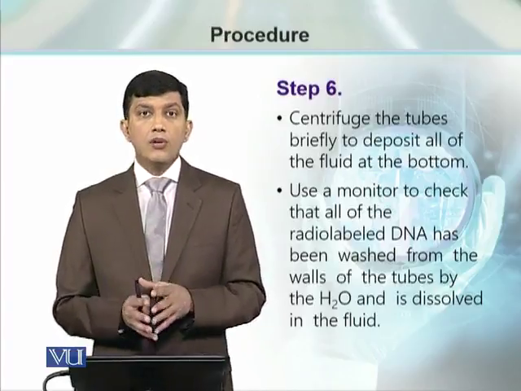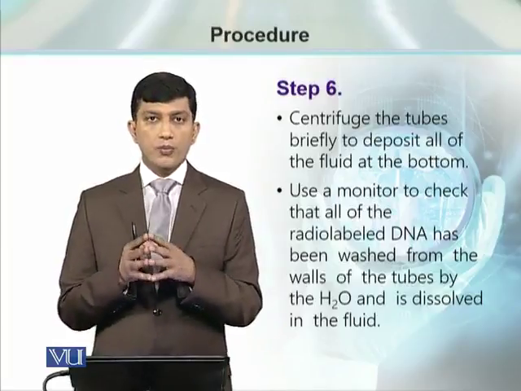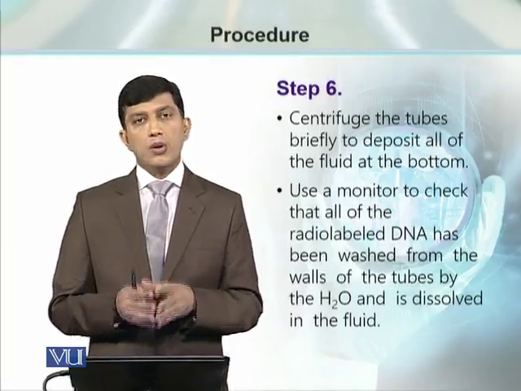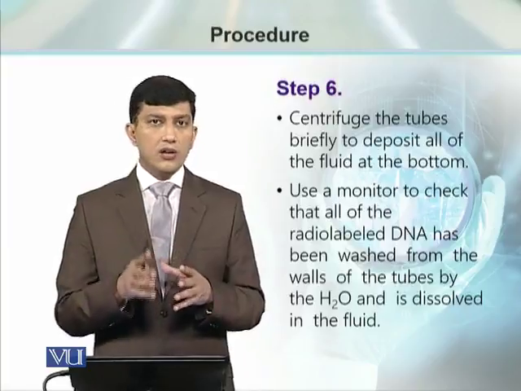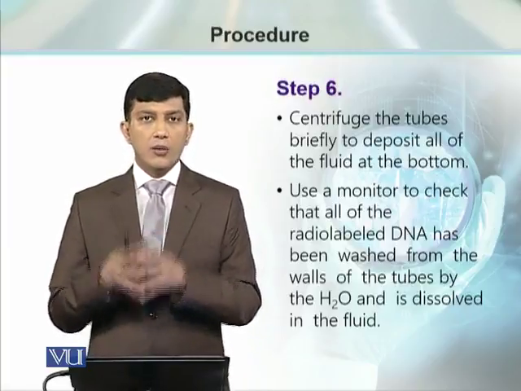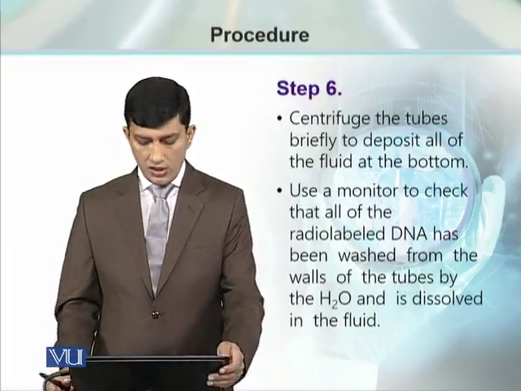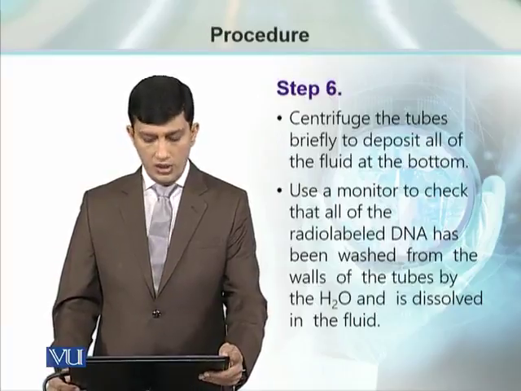In the meantime, we have to check using the handheld counter whether there is a reduction in the radioactivity, or whether the samples or the walls of the tubes are still heavily giving out radiation.